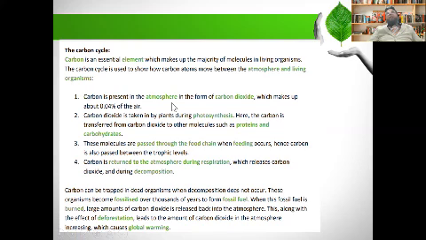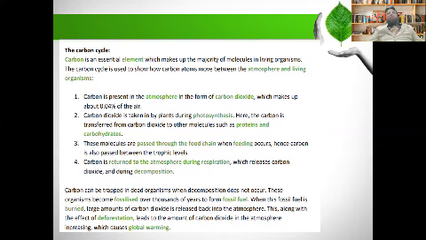This carbon dioxide gas is consumed by plants, and this process is called photosynthesis. So carbon dioxide is taken in by plants during photosynthesis. Here, carbon is transferred from carbon dioxide gas to other molecules such as proteins and carbohydrates, because the first compound made as a result of photosynthesis is glucose, that is C6H12O6.